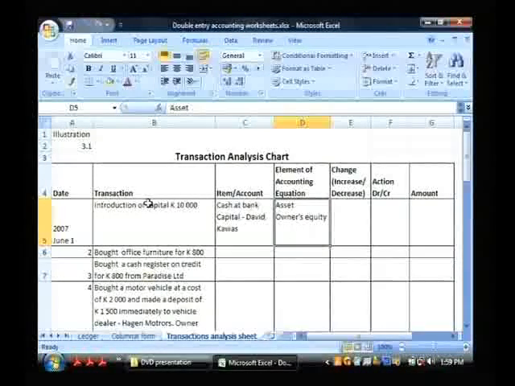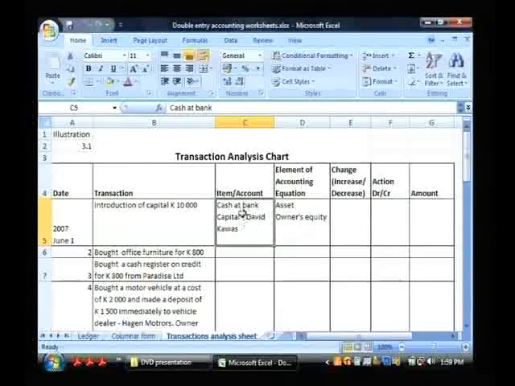This means when the owner introduces capital, the two accounts involved are cash at bank and capital. The cash is an asset and capital is the owner's equity.